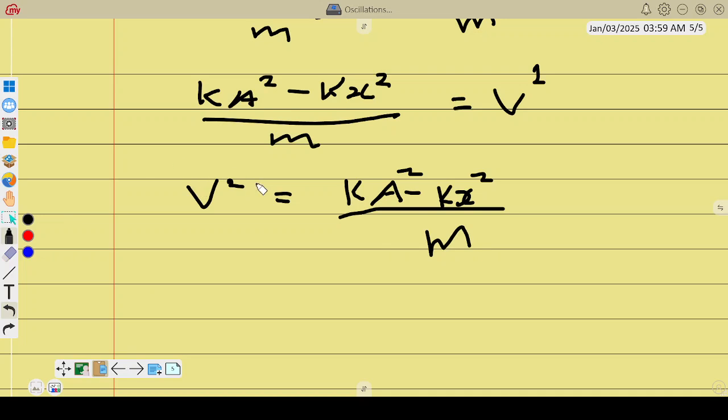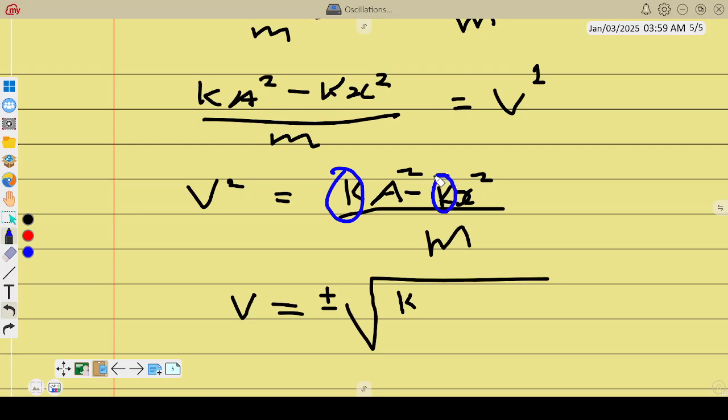And then we can get rid of the square on v. So I'm going to say v is equal to plus or minus the square root of k. Here we can factorize. You can see that we have two k's, so we can factor out k, so that we just remain with a squared minus x squared.